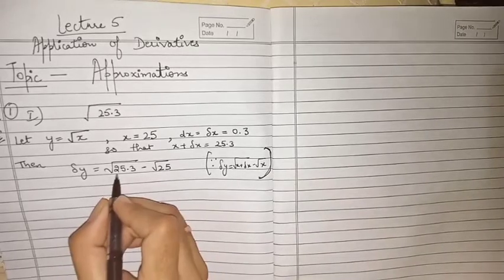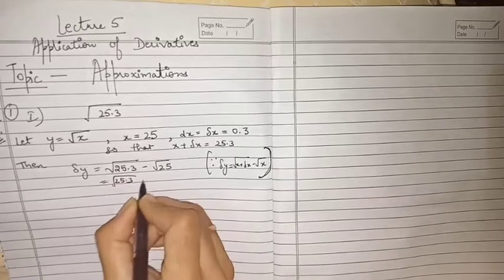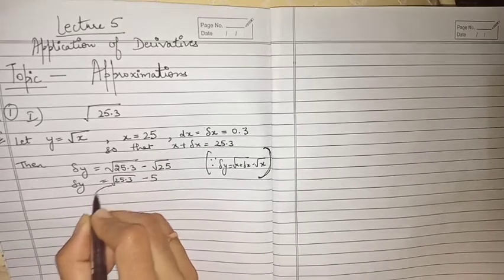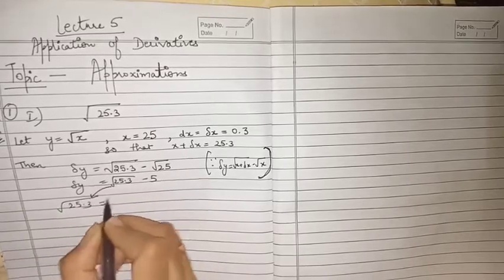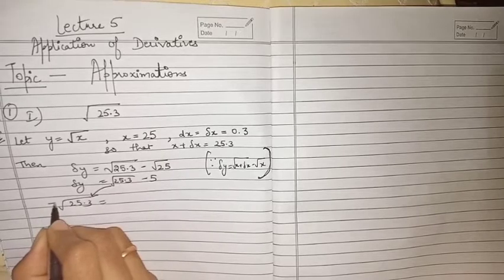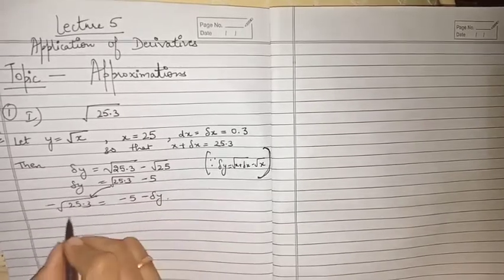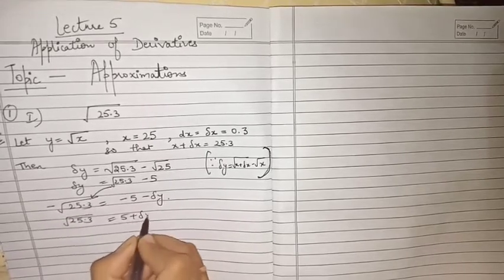Now what is the value of under root 25? It is 5, right? So ultimately you need to find this. You take this term to the left hand side, and it will be negative, minus 5 minus delta y, so you can cancel the negative from both sides. You will get 5 plus delta y.